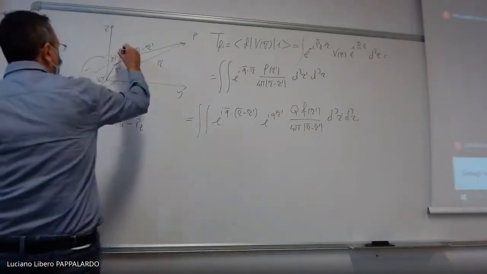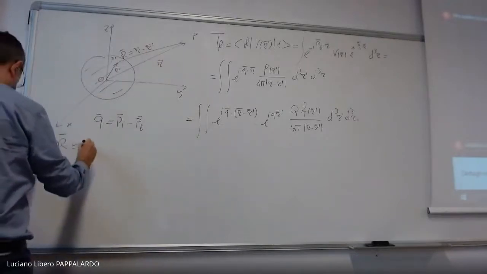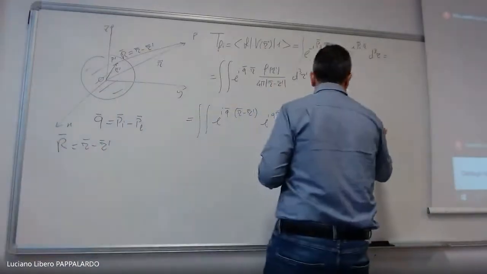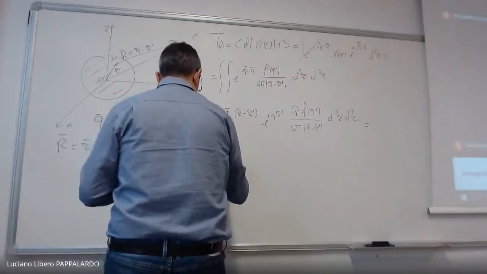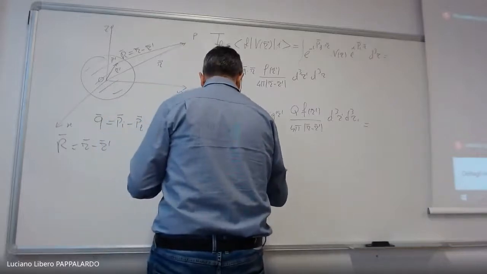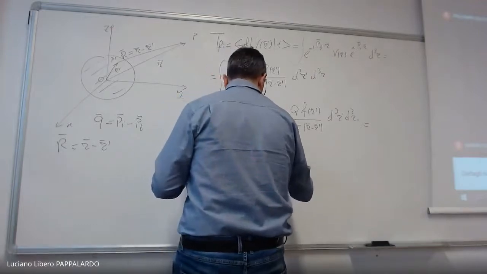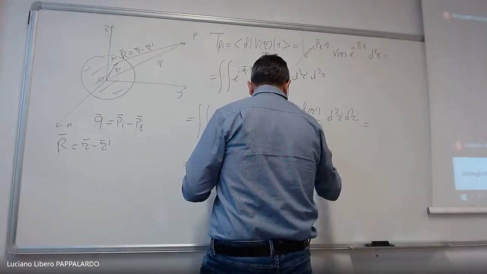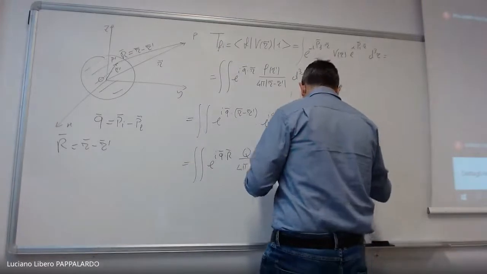Now let me define this quantity as capital R. So capital R is the difference r minus r'. So we can rewrite this integral as the integral of e to the i q scalar R, then we have q divided by 4 pi R. Then we have our f(r') e to the i q scalar r', d cubed R, d cubed r'.